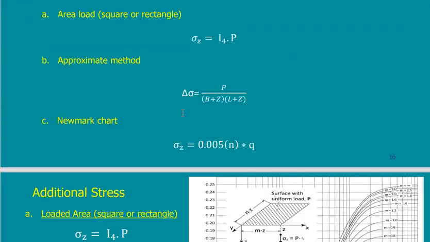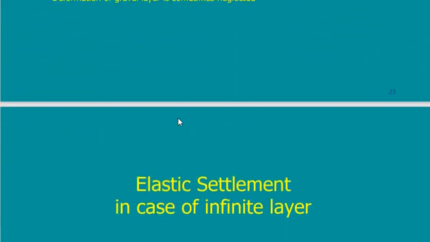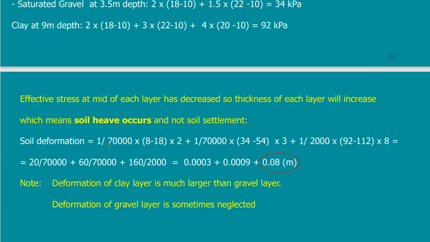So I will go to this equation again, substitute in the equation, and get all of these values. We will find that the change in the stress is 8 minus 18, here 34 minus 54, and so on.